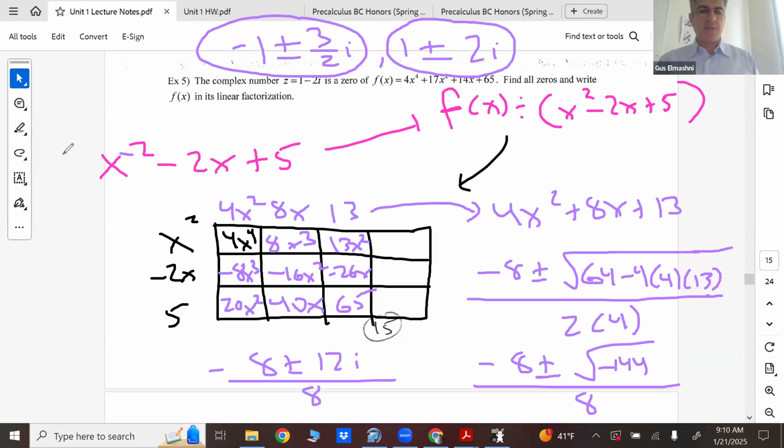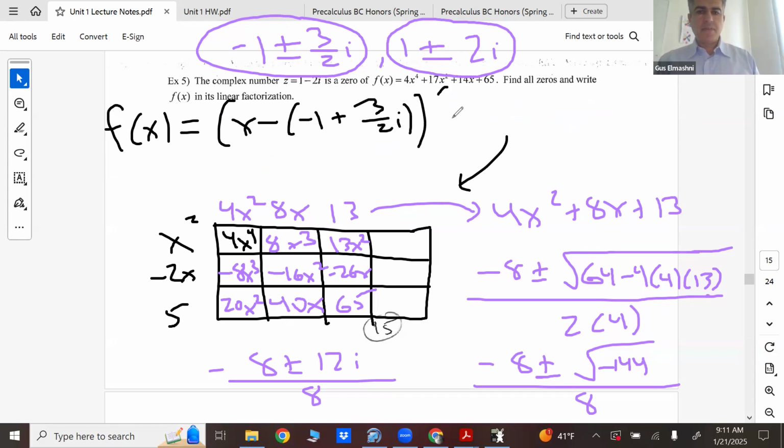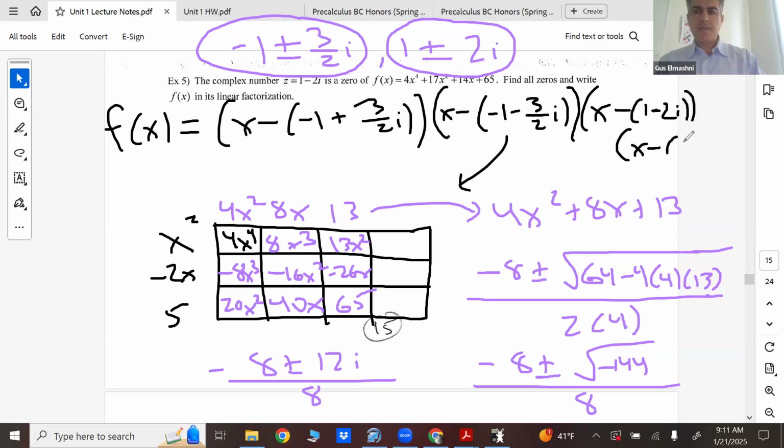Now to write the linear factorization, I'll do it down here. That'd be your final answer.